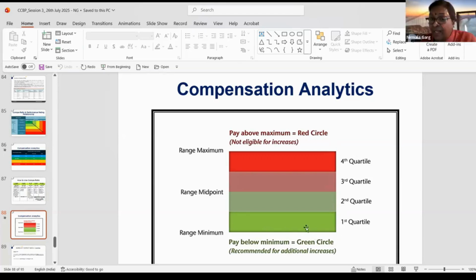Then what is green circle? That means you are paying less than the minimum of that range. So typically you should definitely start from the minimum and not land in a red circle, because red circle landing means you will demotivate a person. Unless the person is very good, that's why overlapping becomes important.